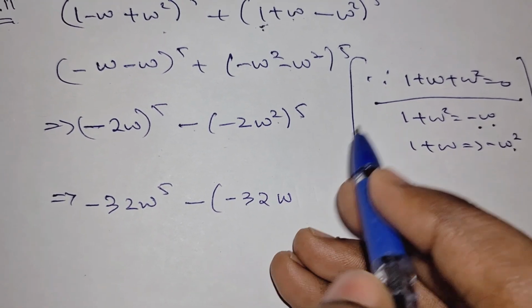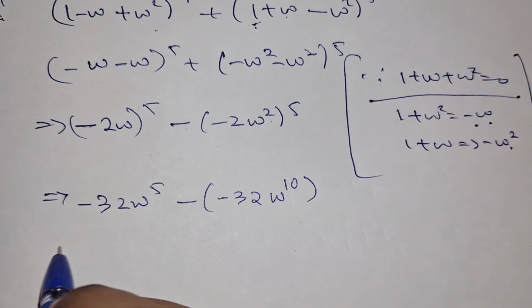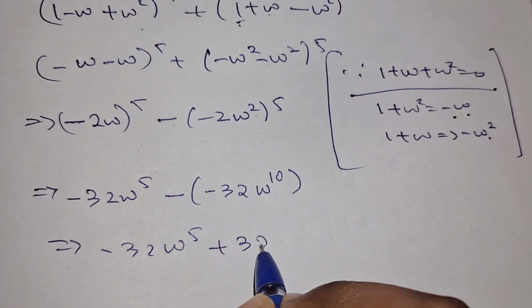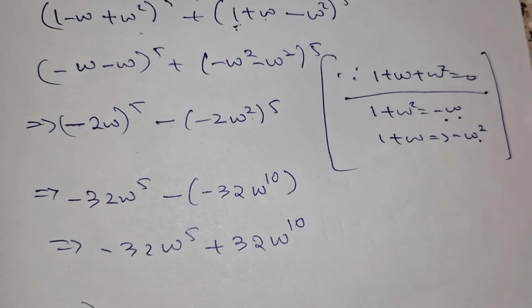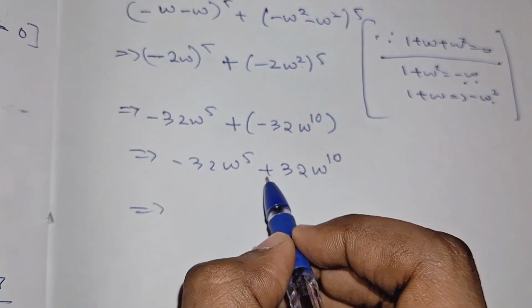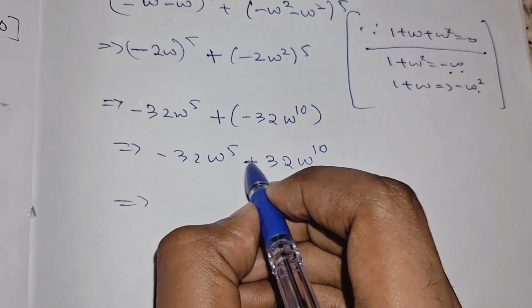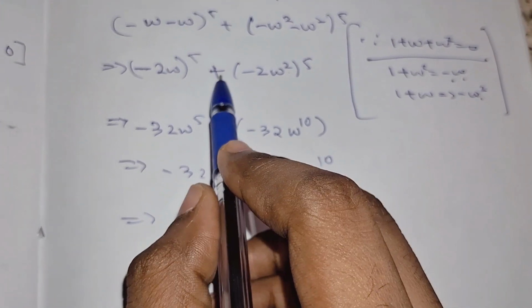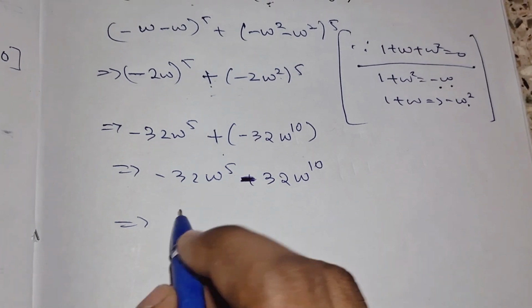Here this can be multiplied simply, so it will be 10. Here it is plus sign, by mistake I had written it as minus, so I have made it plus now.